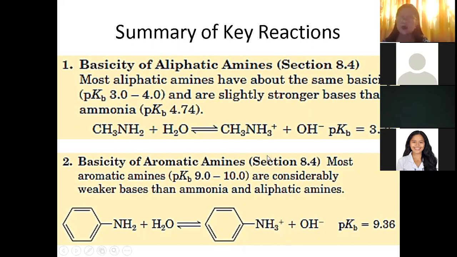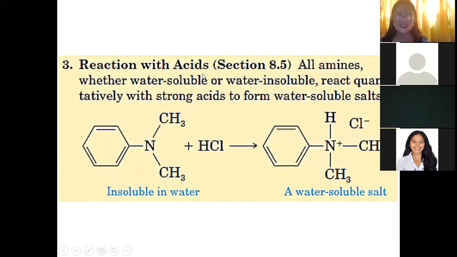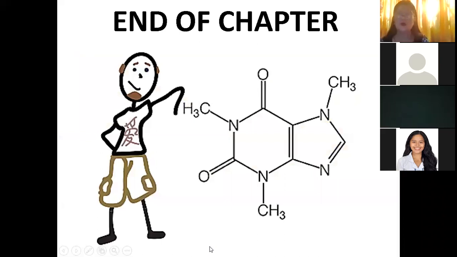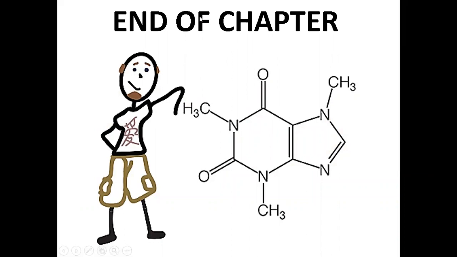Wherever you add your hydrogen, it will be positive. Then the remaining will have a negative charge. Same thing here with acid, that is HCl. Your hydrogen will add to this portion here. Then your chlorine will be in an ion form. So that ends our chapter.